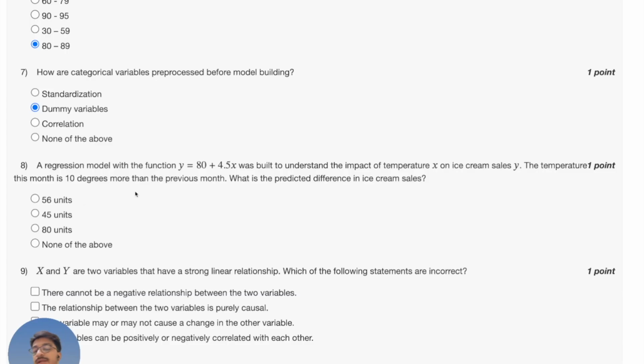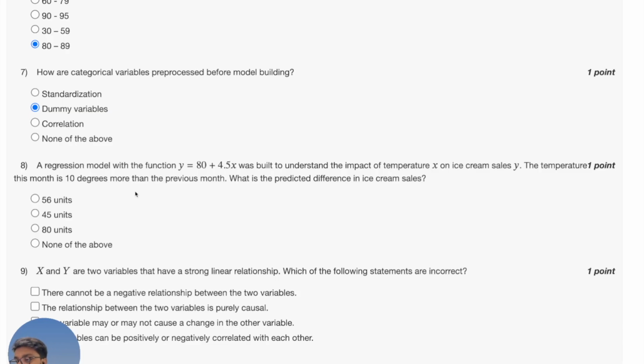A regression model with the function y equals 80 plus 4.5x was built to understand the impact of the temperature x on ice cream sales. If the temperature this month is 10 degrees Celsius more than the previous month, what is the predicted difference in the ice cream sales? We just need to find the prediction.